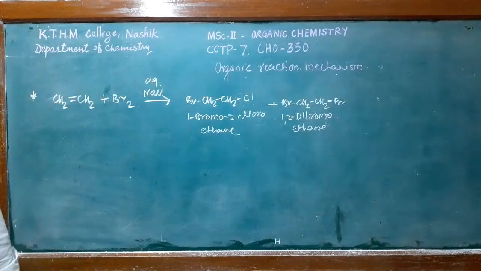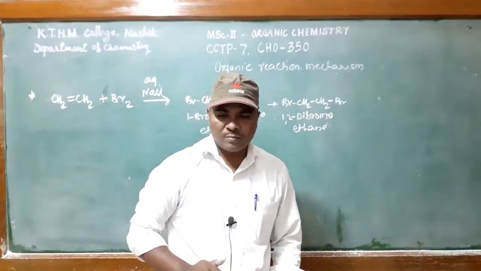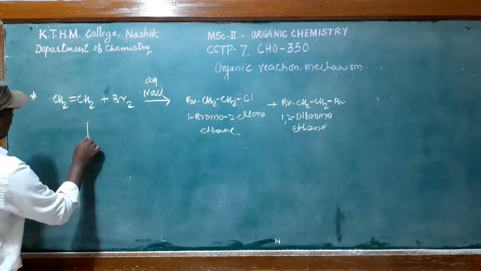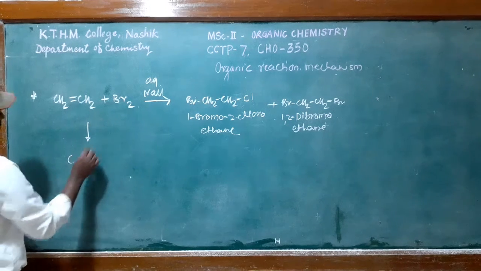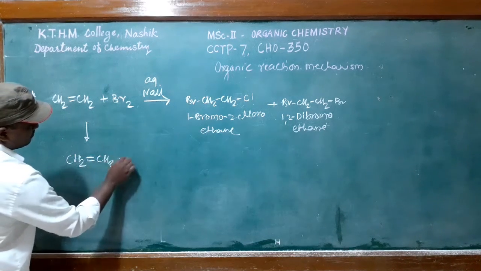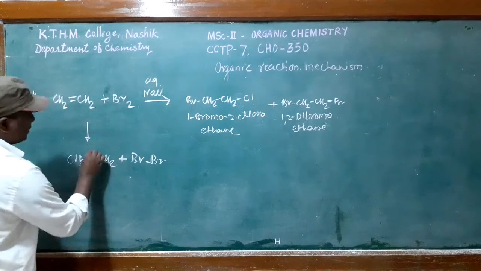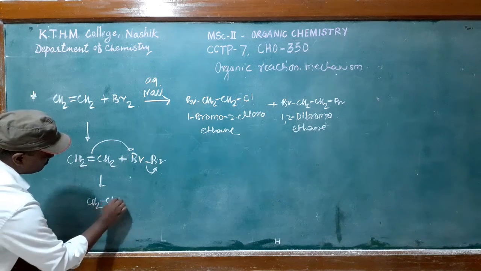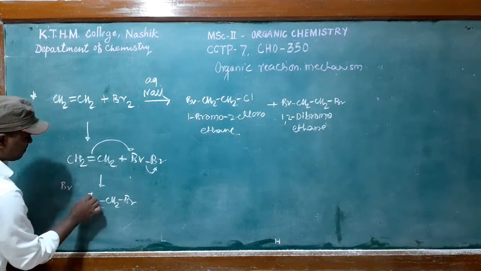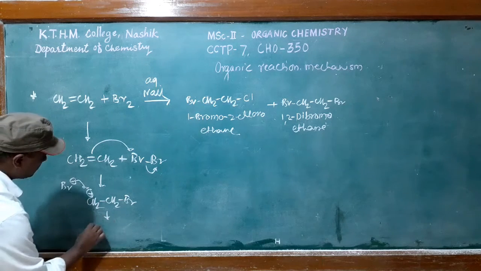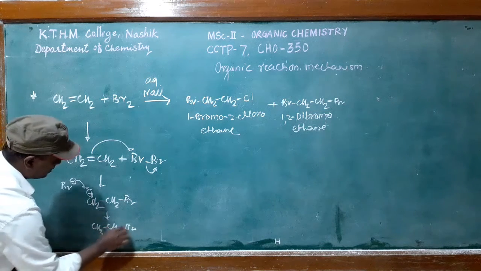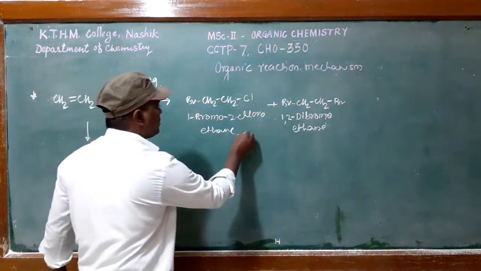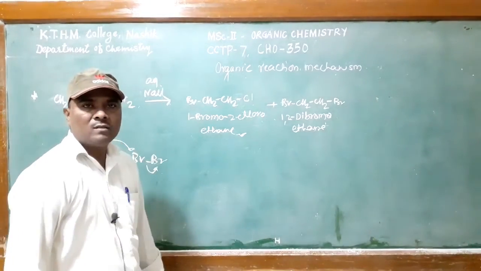So what does it indicate? It indicates that the reaction is not working via a single step. Single step means the reaction is not working like this, and ultimately it is going to deliver 1,2-dibromoethane, because the presence of this product indicates that the reaction is not working via this single step.